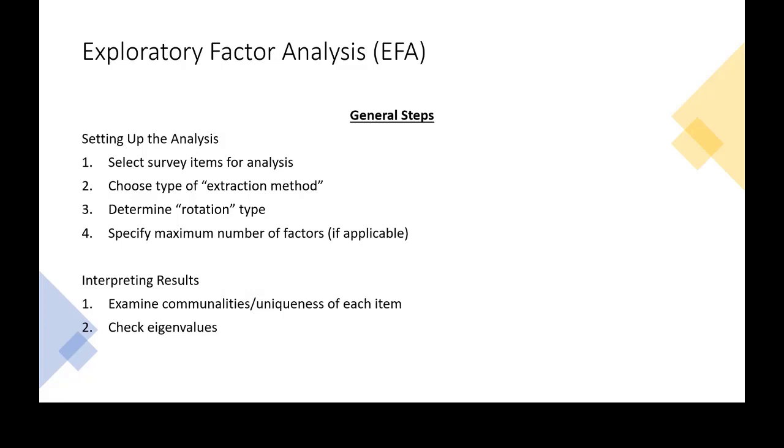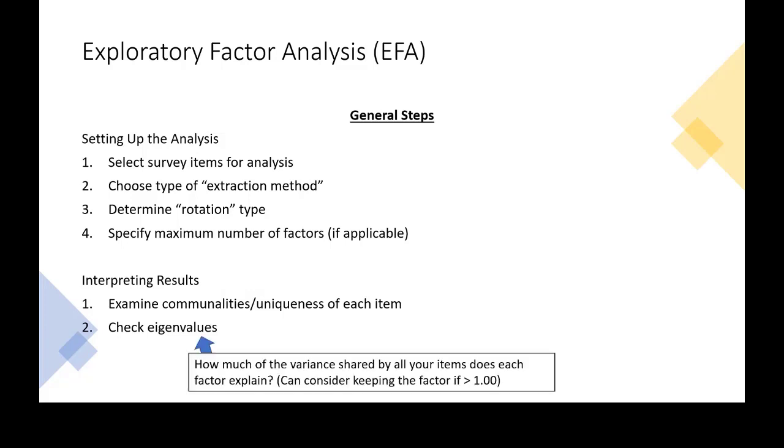You'll check what's called eigenvalues. So this is basically how much variance across all of your items does each individual factor explain. As a rule of thumb, you'll usually keep a factor, or you'll treat a factor as something that you'll want to examine if the eigenvalue is at least 1.